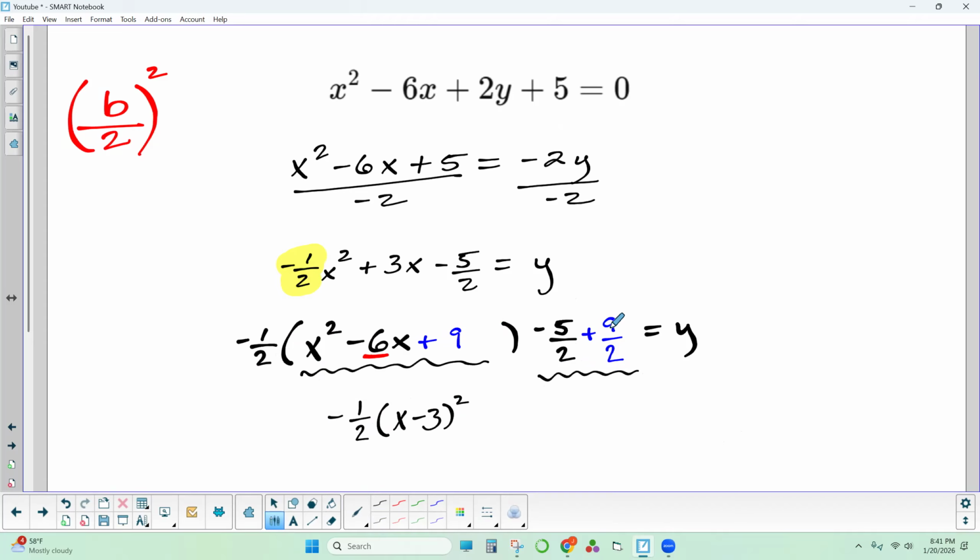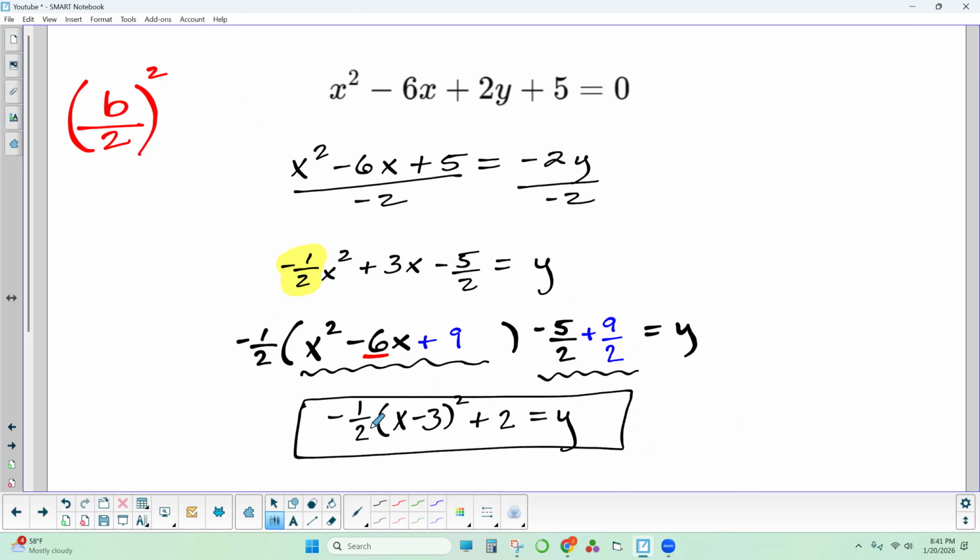Negative 5 halves plus 9 halves is 4 halves, which is just 2, equals y. And now we have our vertex form. If we were going to graph our parabola and look for the focus and the directrix and all of that, we would work from here. All right, let's try another one.